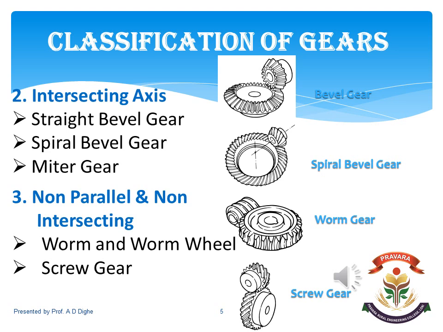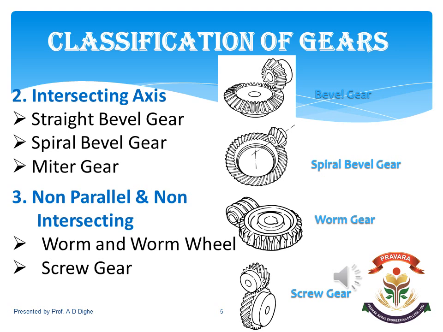Again, the straight bevel gear and the spiral bevel gear follow the same concept as the spur and helical gear. The efficiency of a straight bevel gear is more compared with the spiral bevel gear, and the operation of a straight bevel gear is noisy compared to the spiral bevel gear.